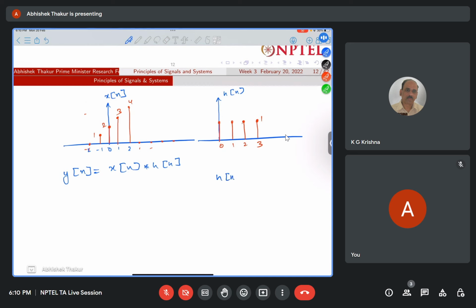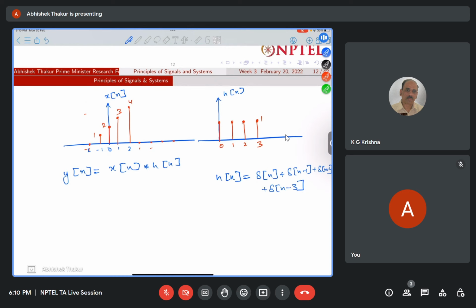We can simply write h(n) as delta n plus delta n minus 1 plus delta n minus 2 plus delta n minus 3.